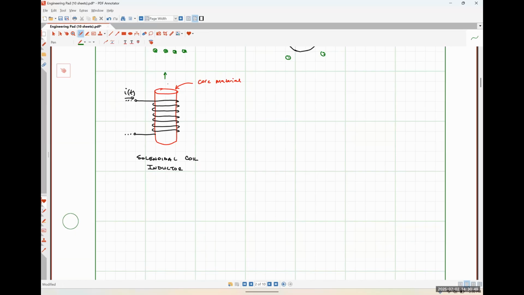Directly along the axis of our inductor, they're going to be vertical. But as we get slightly away from the axis of symmetry of our inductor, they're going to turn back around like so. And the same thing is going to happen on the opposite side as well.